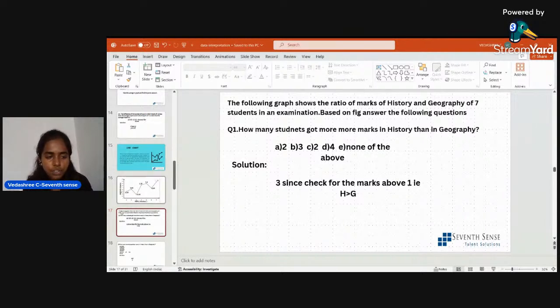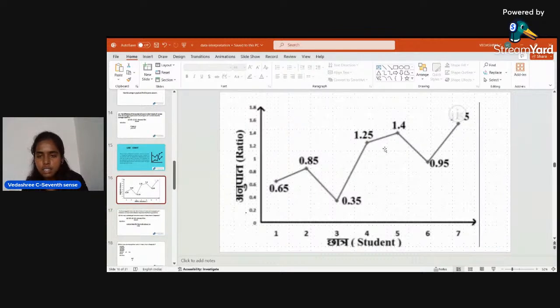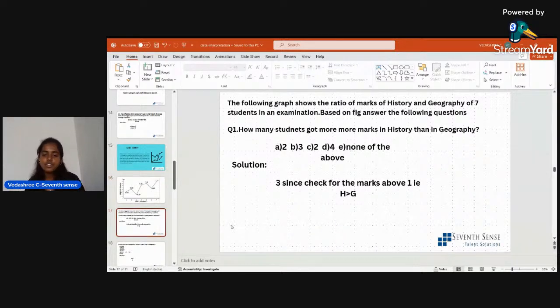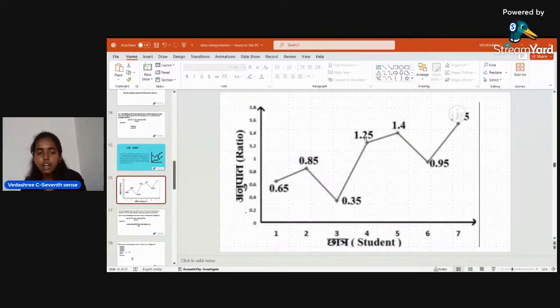We need to check those in this graph. Check for the marks above 1, that is history is greater than geography. Here 1.25, 1.4 and 1.5, these three are regarding history marks, and 0.65, 0.85, 0.35 and 0.95, these four marks are related to geography.